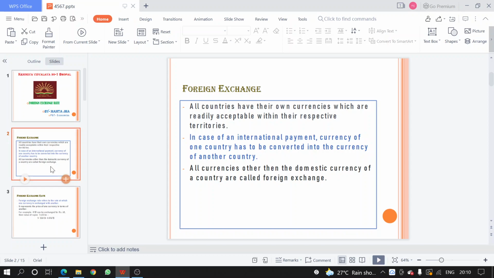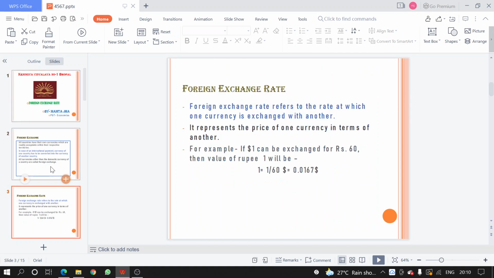So what is foreign exchange? All currencies other than the domestic currency of a country are known as foreign exchange. Now, next, what is the foreign exchange rate? How can we convert?